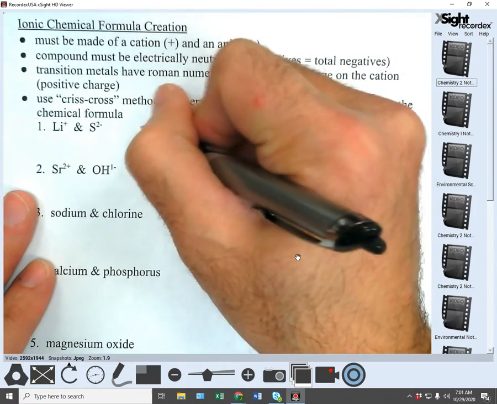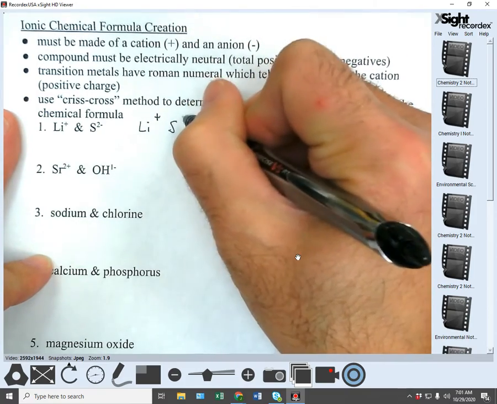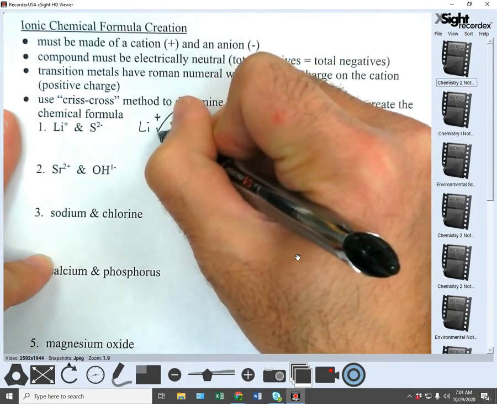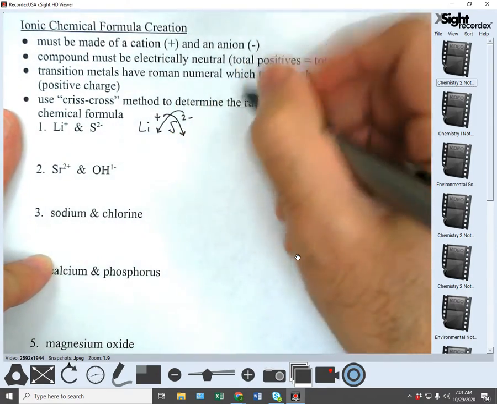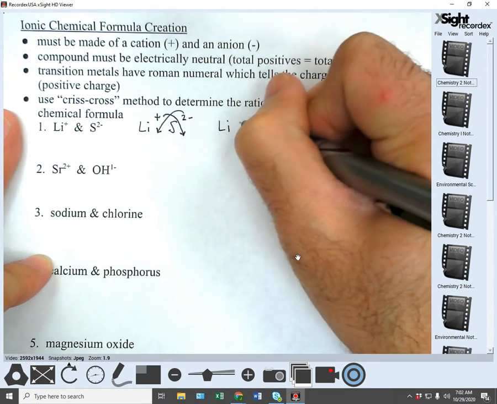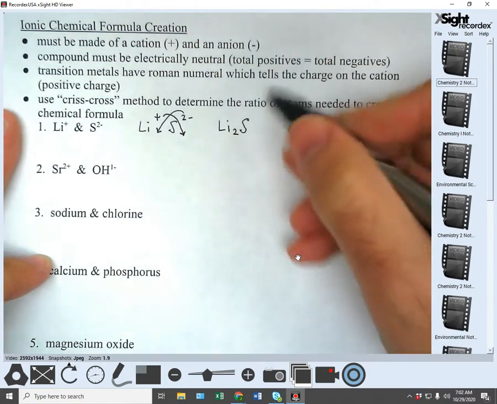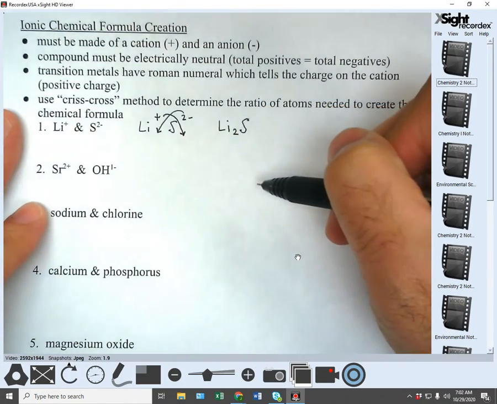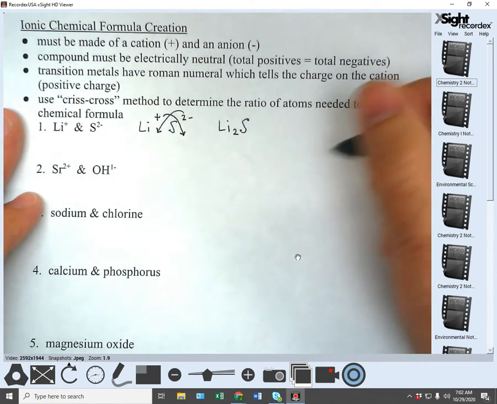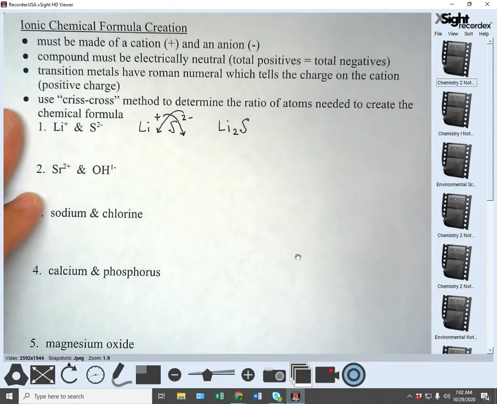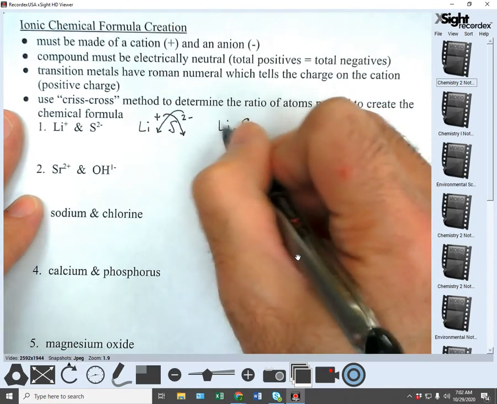Li +1, sulfur is a -2 or 2 negative. We cross down. Okay, so we get Li2S. Okay? If it's a 1, you don't have to write it. Similar in algebra to how if you have like 1x, like the variable x, you don't have to write 1x, you just write x and it's understood that it's a 1. Okay, so Li2S. That would be your answer.